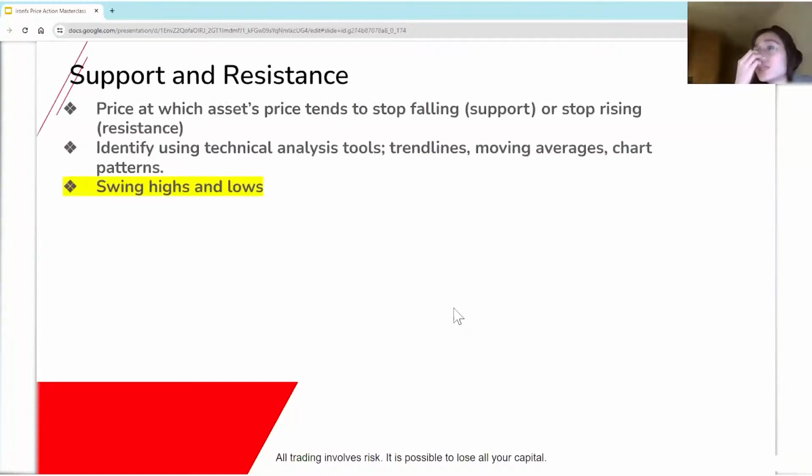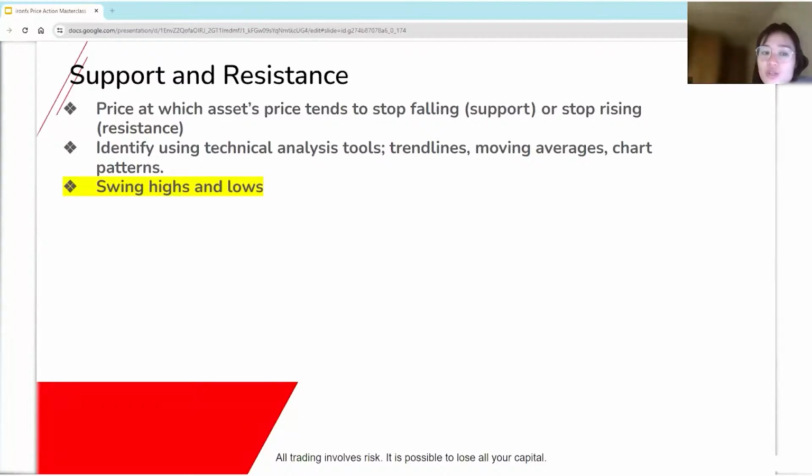Okay, so support and resistance is basically the price at which an asset's price tends to stop falling, which would be your support level, or stop rising, which would be your resistance. So you would identify these levels using technical analysis tools such as your trend lines, moving averages, and chart patterns.